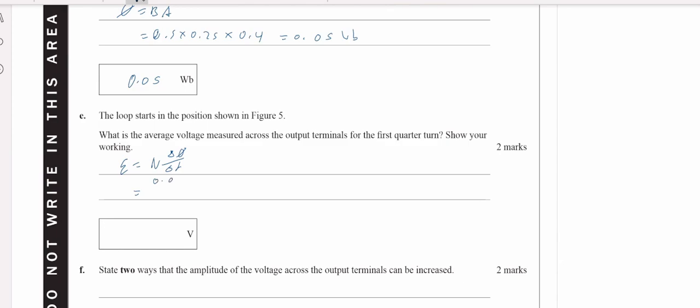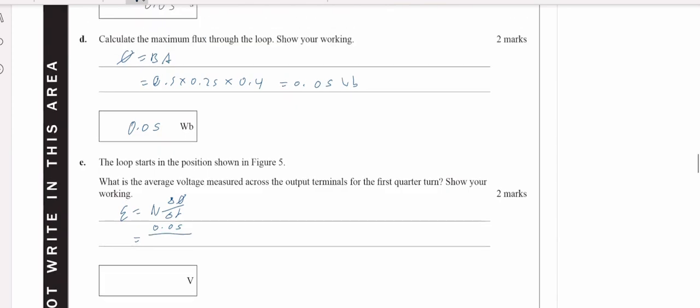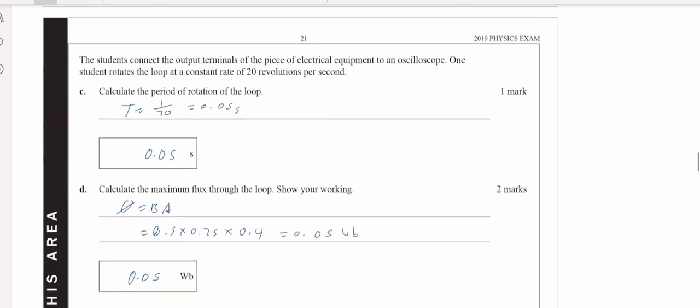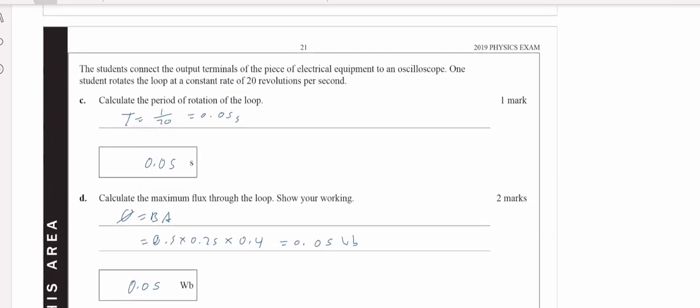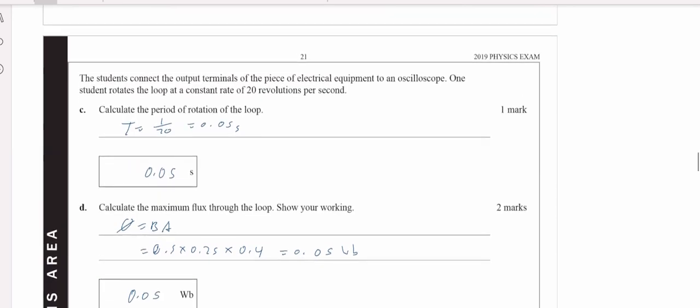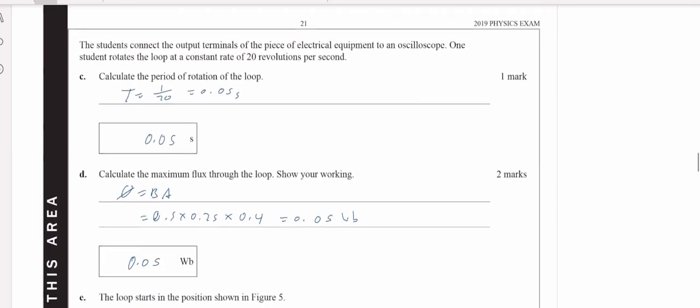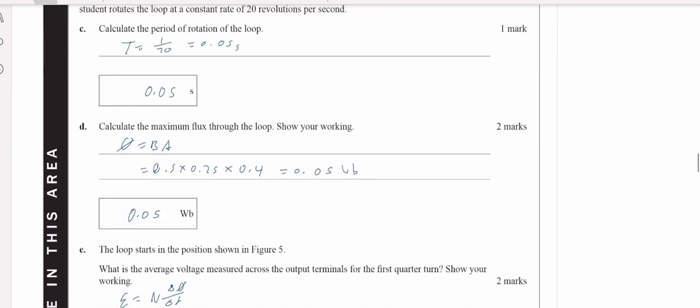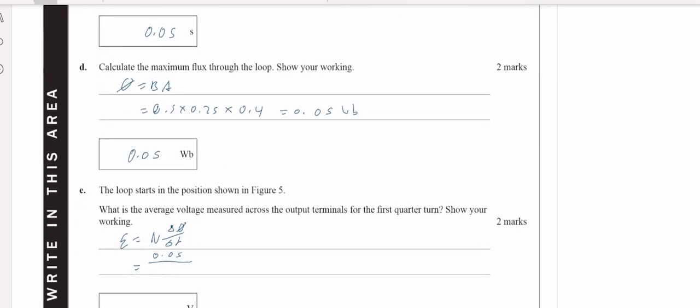The flux goes from 0 to 0.05, and this is for one quarter of one rotation. So you divide 0.05 by 4 to get 0.025. That comes to 4 volts.